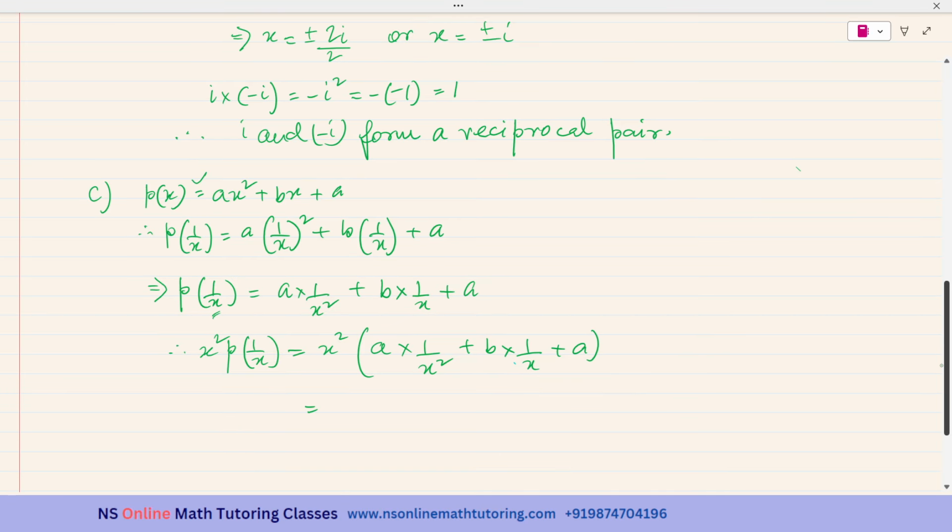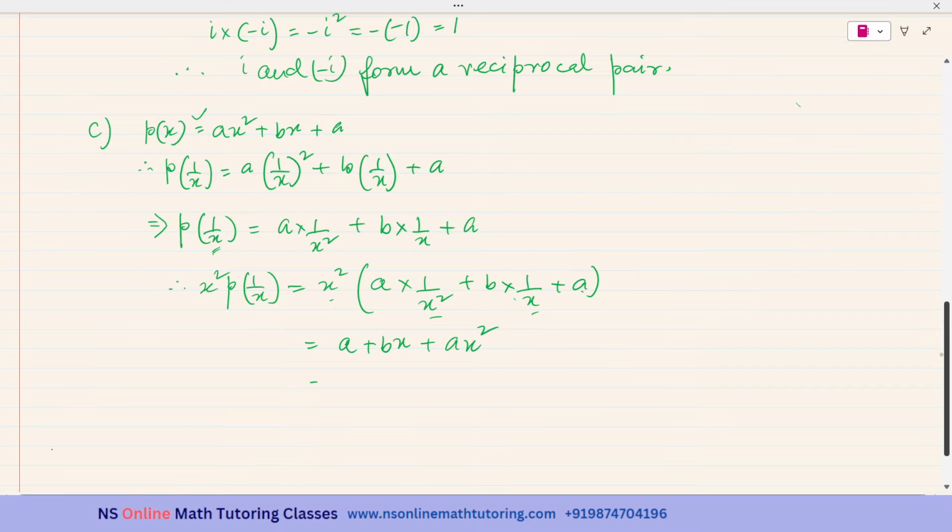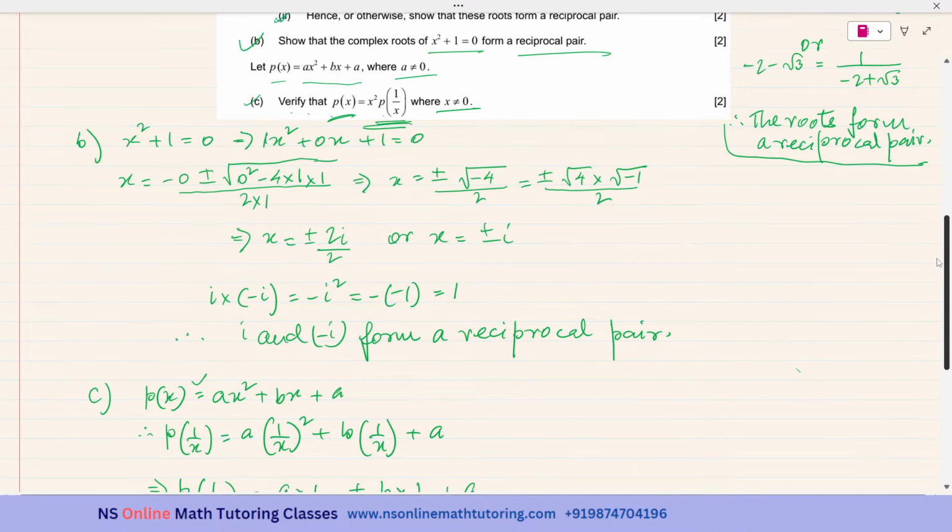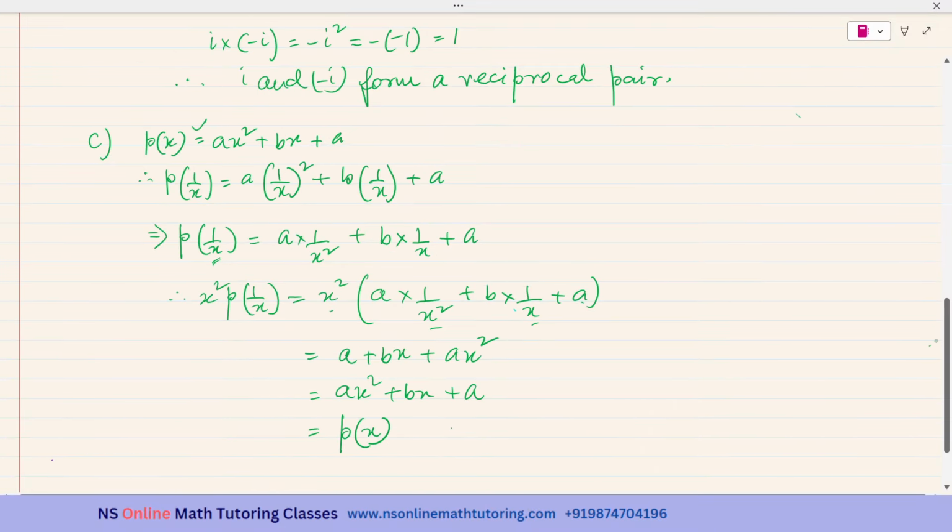These will be cancelled, so we will have a plus, for this x and x squared, it will be bx, plus ax squared. Which can be rewritten as ax squared plus bx plus a, which is equal to p of x. So we have verified this.